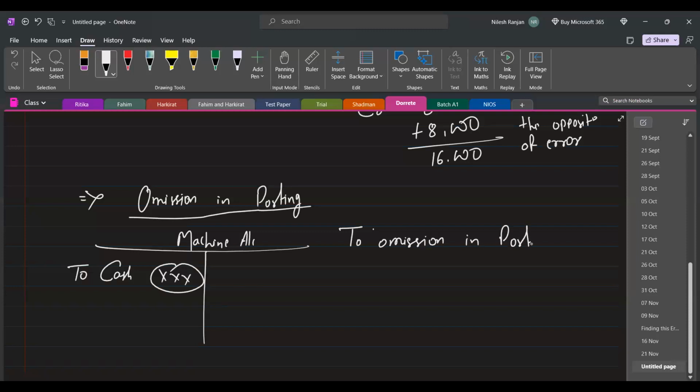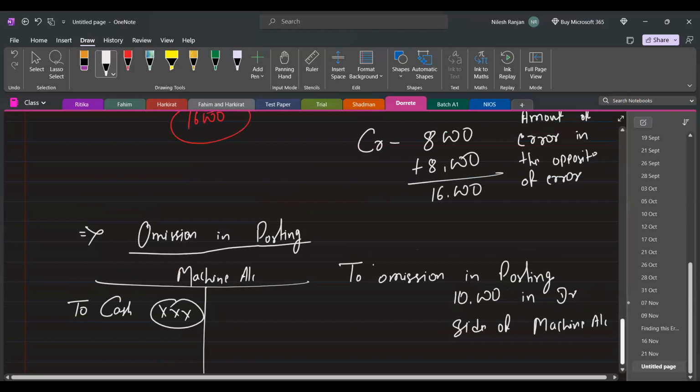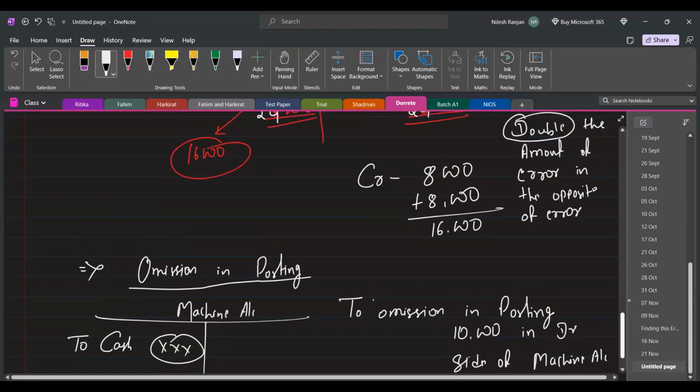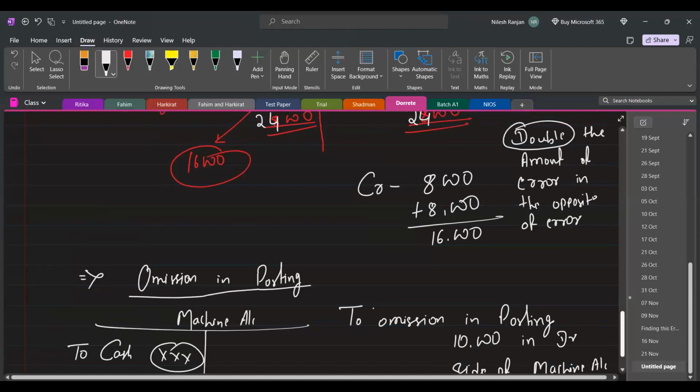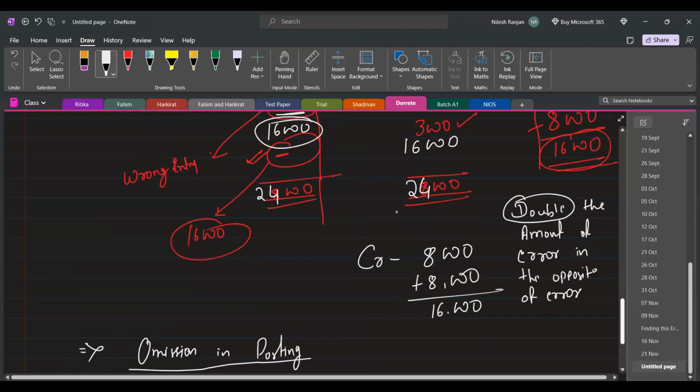Omission in posting. Let's say the amount is 10,000, in debit side of machine account. And if there is any posting in wrong side, you should write here, oh sorry, it will be by.